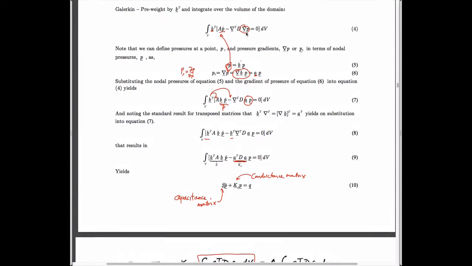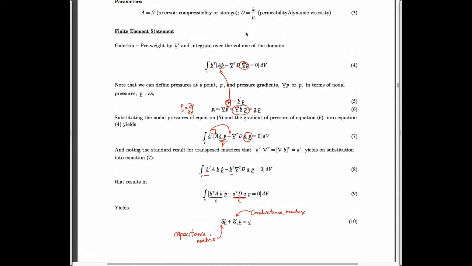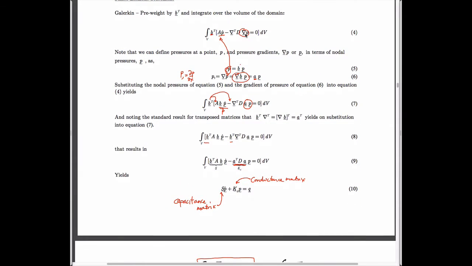Well, we know that specifically we have 2 relationships that we need to deal with. We know that the important relationships are that the pressure at any point is equal to the product of the shape functions multiplied by the nodal pressures. And when we're defining in terms of heads, it means the head at a point is equal to the shape functions multiplied through by the nodal heads. So these are equivalent to each other.